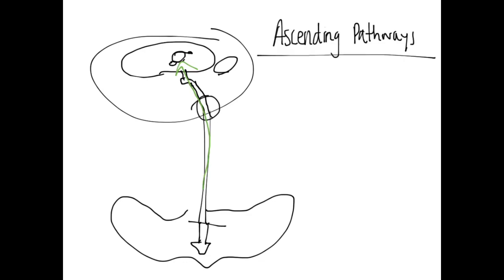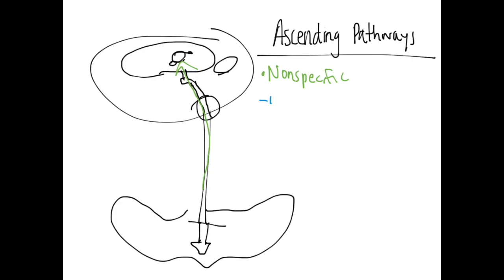So this first ascending pathway, and remember we're going to have sensory information come in through that posterior aspect of the spinal cord and then go up an interneuron to the brain. So this first one we'll do is, these are ascending pathways. So this first pathway that we'll do is non-specific ascending. So this is information about anything.